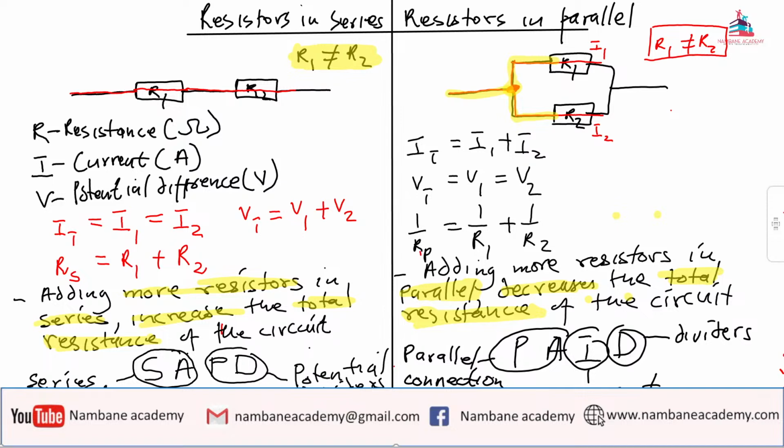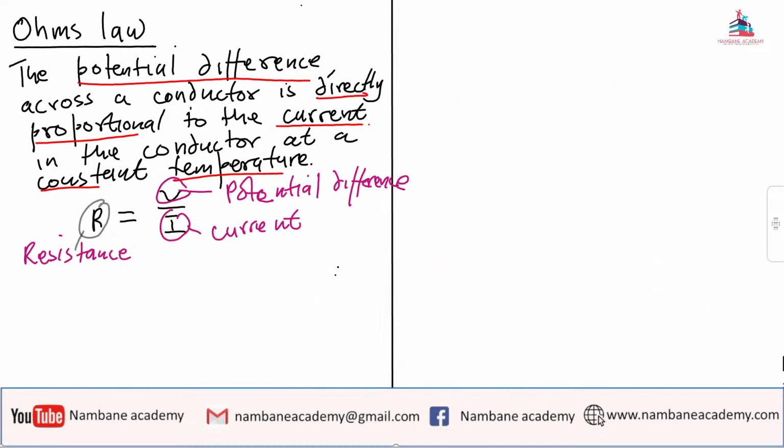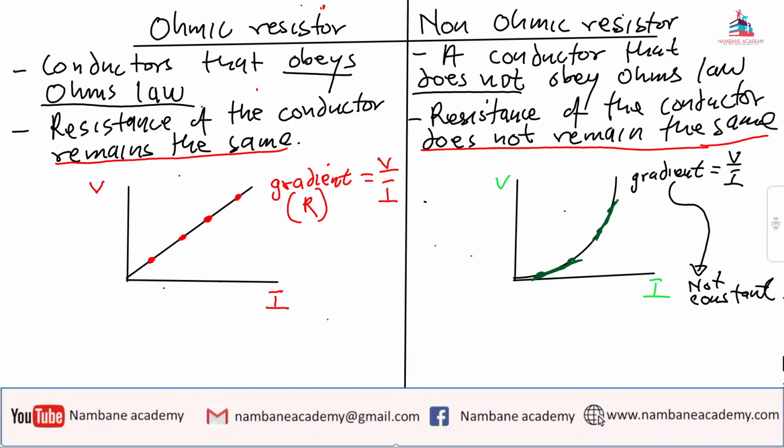Let's check. I am going to redraw this for purposes of emphasis. Let's see. We are still busy with power, but I am still connecting my resistors in series and my resistors in parallel.